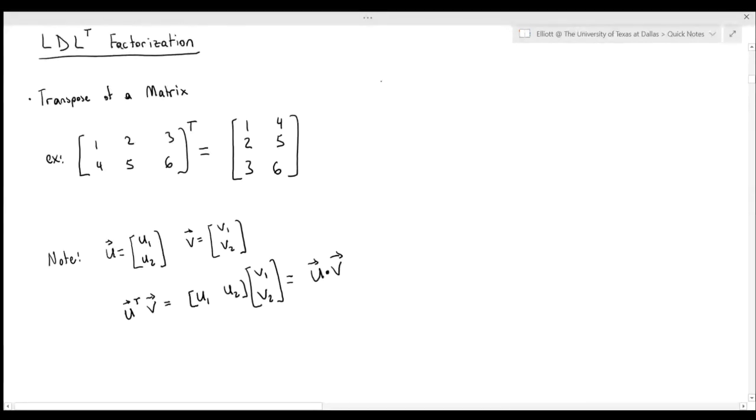Now I'll note a couple of properties about the transpose. One property: if you ever have to transpose a sum, the transpose of the sum is the sum of the transposes.